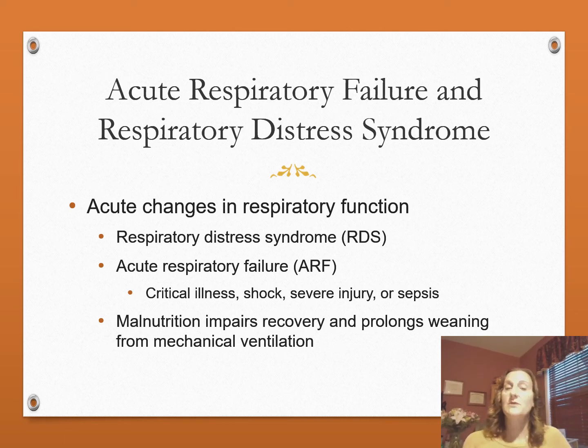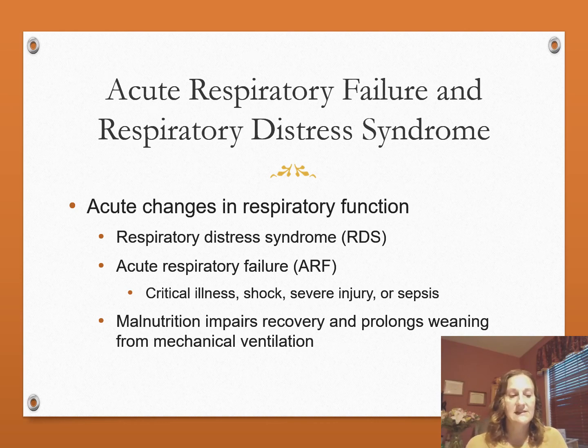Acute respiratory failure typically requires mechanical ventilation. Typically, we assess the patient who is now NPO, intubated, to receive either enteral or parenteral nutrition. Malnutrition is a huge problem.